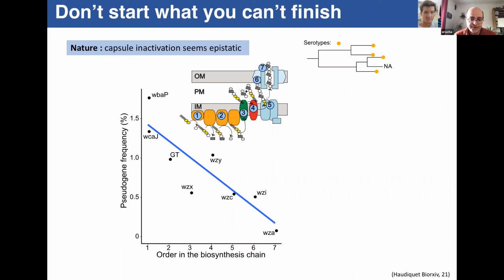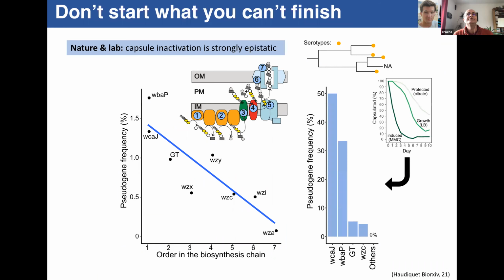So now we can go back to our evolutionary experiment and see if in the lab we observe the same thing. If you remember my previous slide, we have this small evolutionary experiment where bacteria lose the capsule very fast. I forgot to say in the previous slide that you only see a line in these graphs, but each is actually an average of several independent experiments. The differences between the lines are very significant.